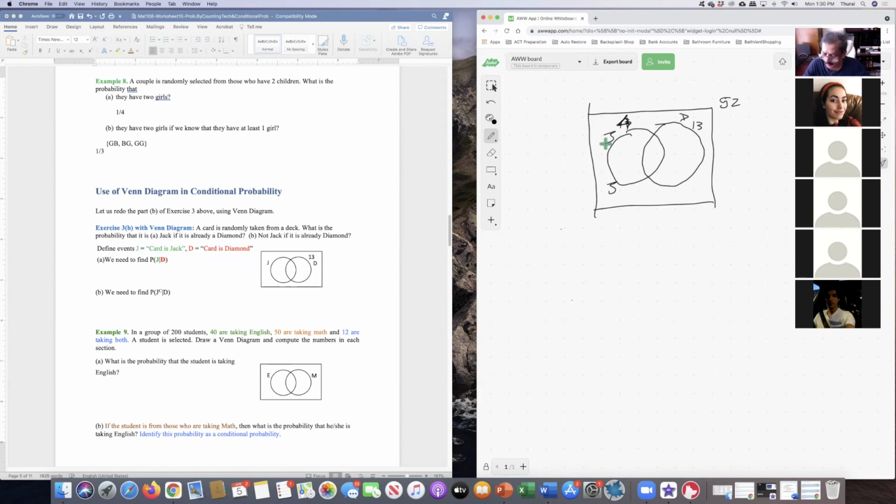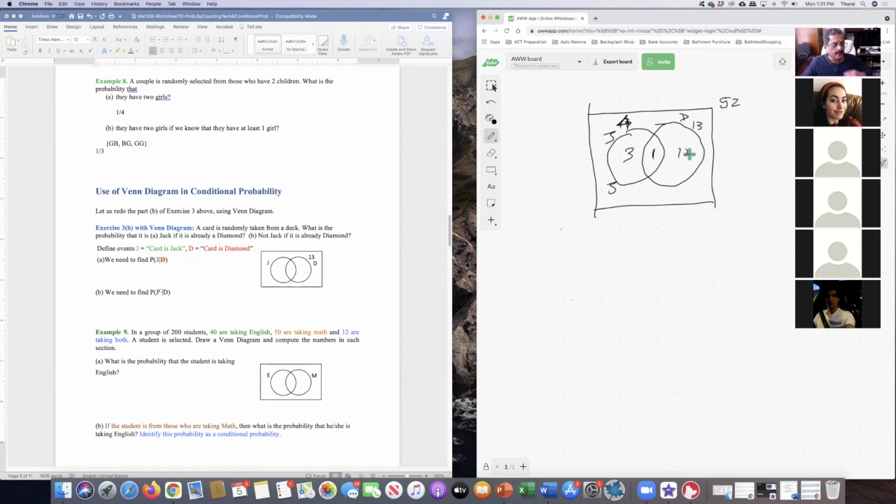Okay, and how many elements are common? 1. There's 1 element in the intersection, the Jack of diamond. So there are 3 outside of it in here, 3, and 12 in here.